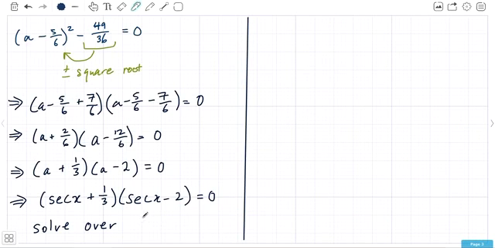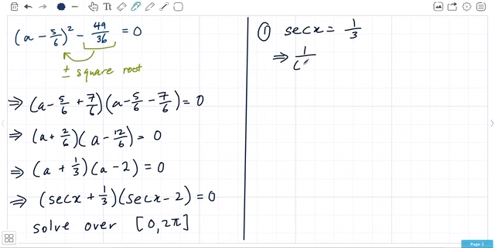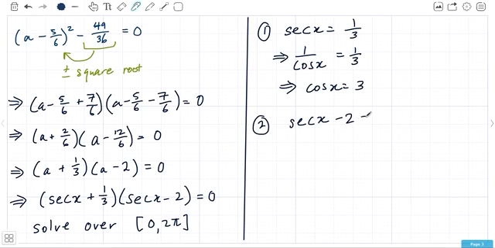So we can solve over 0 to 2 pi two expressions. Expression 1 is sec x equals 1/3. Okay, remember that sec is 1 over cos, which implies that cos x equals 3. That's the first one that you have to solve. And then the second one that you have to solve is sec x minus 2 equals 0.